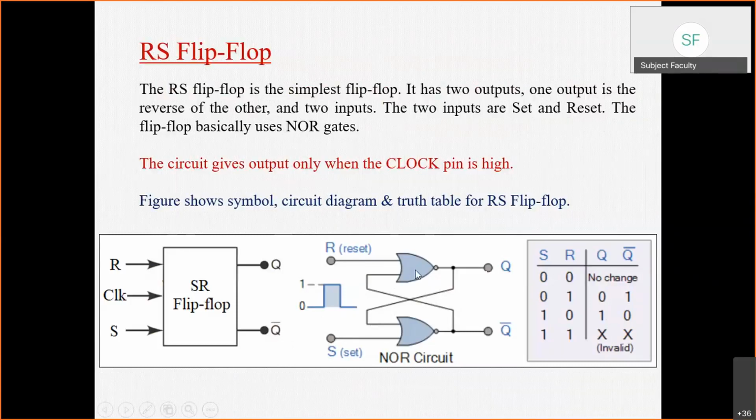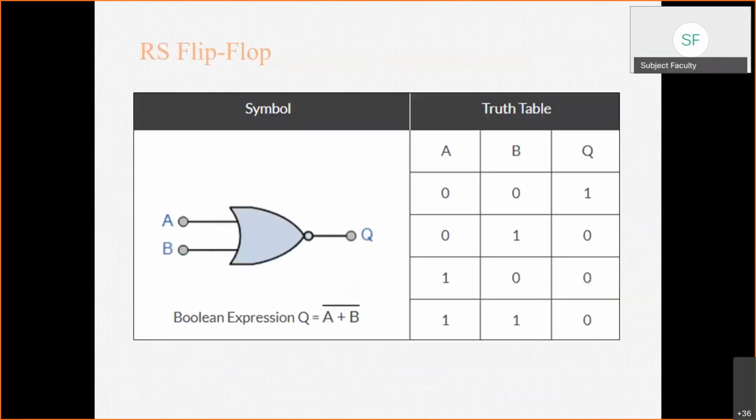That means the output of the NOR gate, this is the truth table. We have already seen this truth table while discussing unit number 4. From this truth table you can observe it will work exactly opposite of the OR gate. For the OR gate, Q was high when any one input was high.